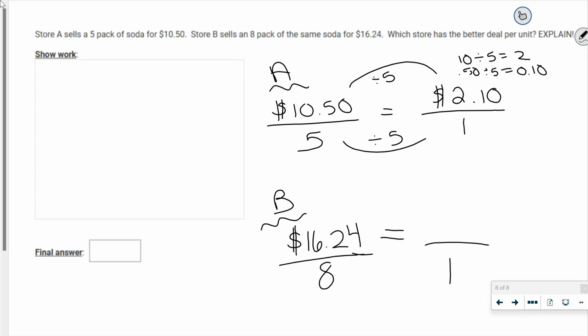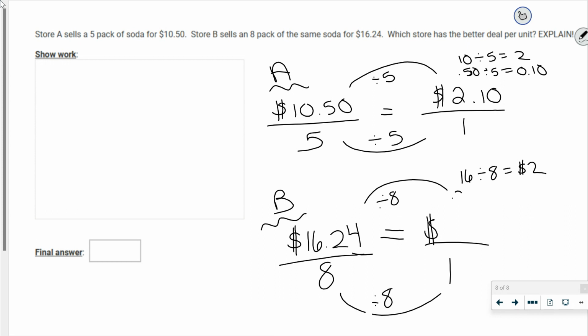All right, now let's look at the second one. $16.24 for 8, and we want the cost of 1. To go from 8 to 1, that's correct, we need to divide by 8. $16.24 divided by 8. I know that 16 divided by 8 is $2, so we divided up the dollars.